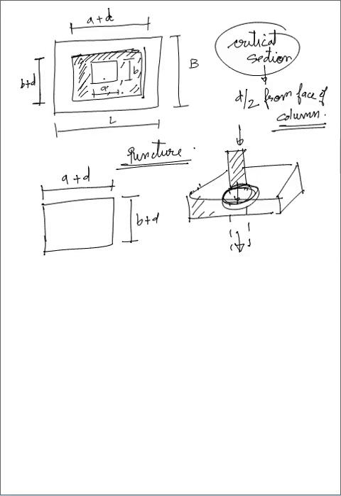So the perimeter will be A plus d, plus B plus d, again A plus d, and again B plus d. The column will be going deep inside this hole, so this depth small d you also have to consider.